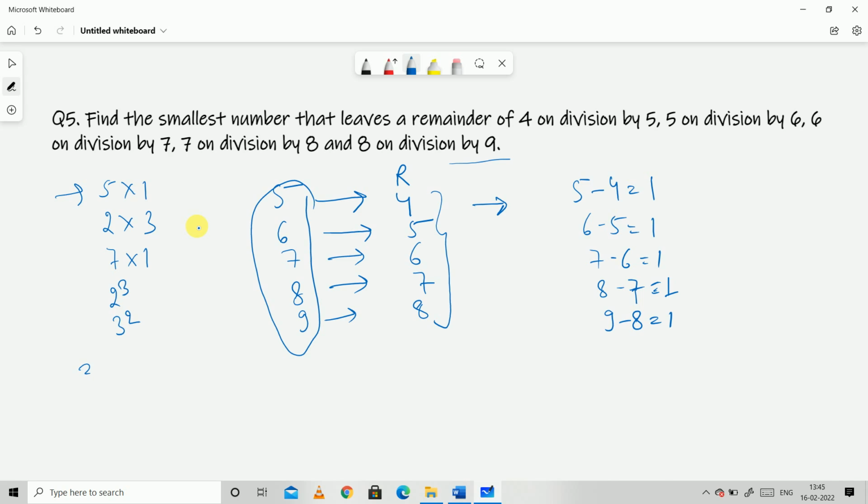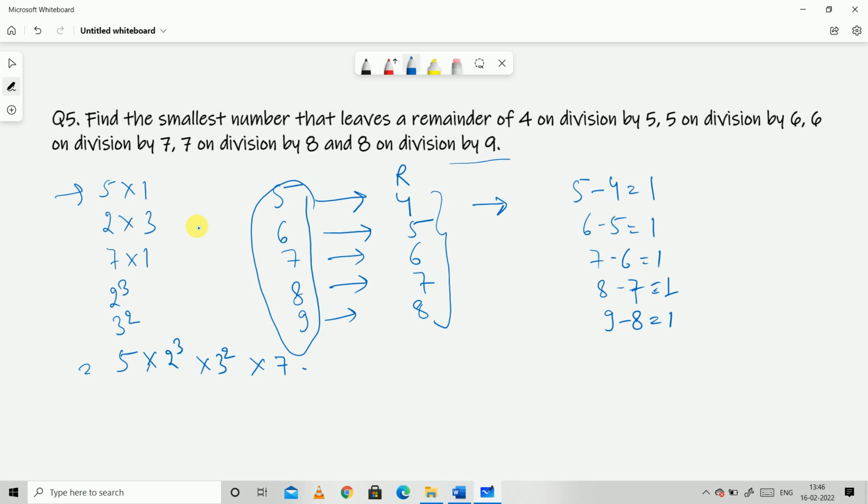We take the highest power from all the numbers present, so we take 5. For 2 the highest power is 2 cube. For 3 it is 3 square. And for 7 it is 7.